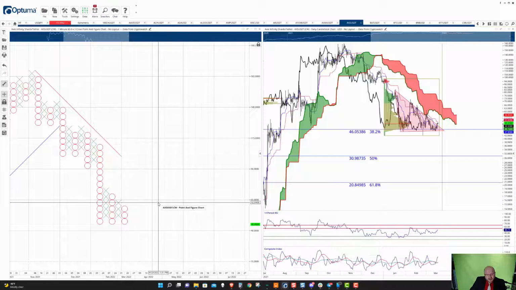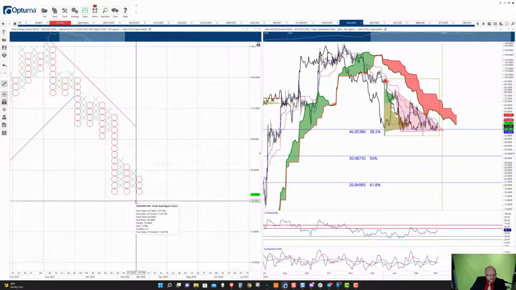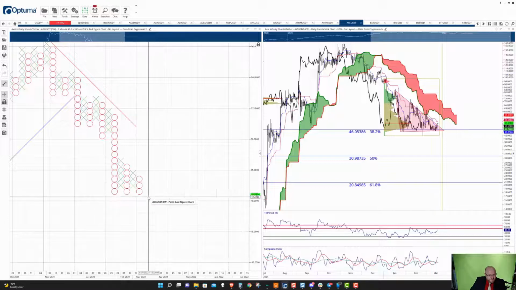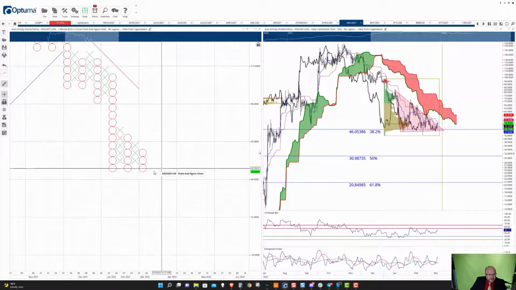Taking a look here at Axie Infinity, first thing that sticks out to me is the $5 3-box reversal chart, which has a triple bottom and a descending bottom.